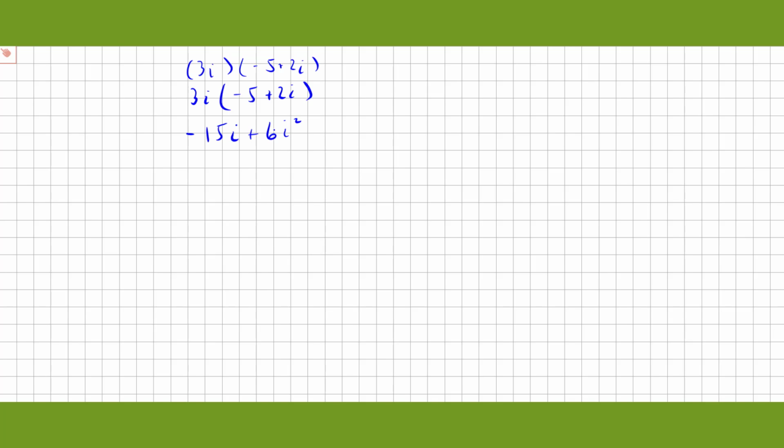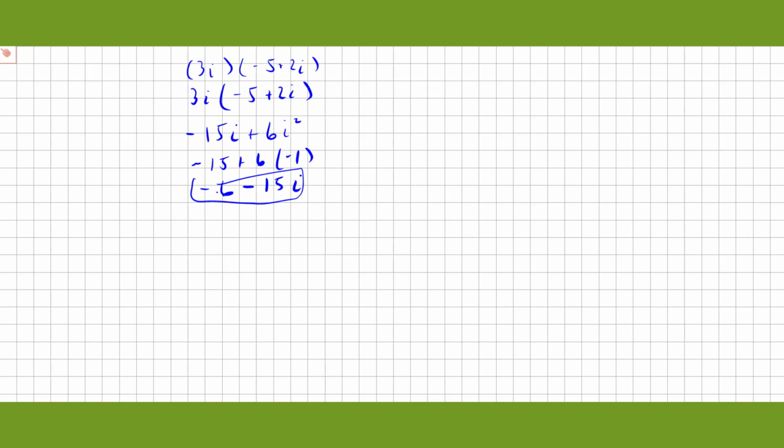And then I'm going to substitute negative 1 for i squared. Remember that from our work? So I've got negative 15i plus 6 times negative 1. So that gets me negative 6 minus 15i when I substitute.